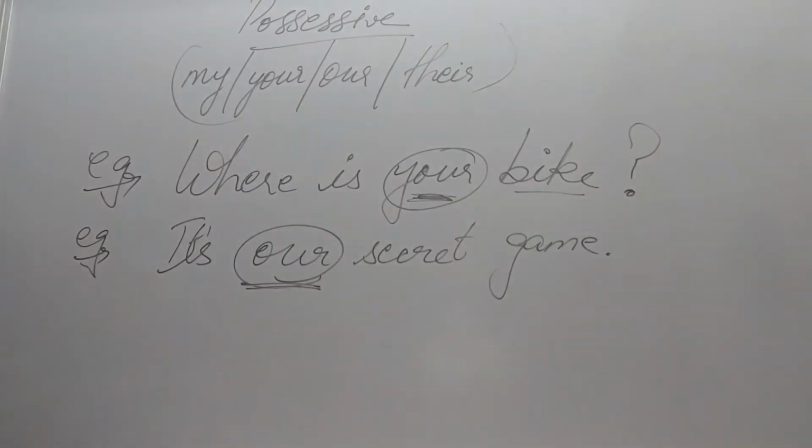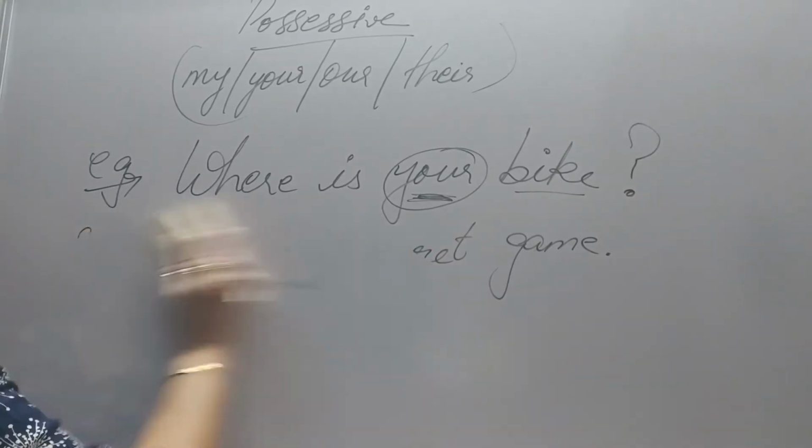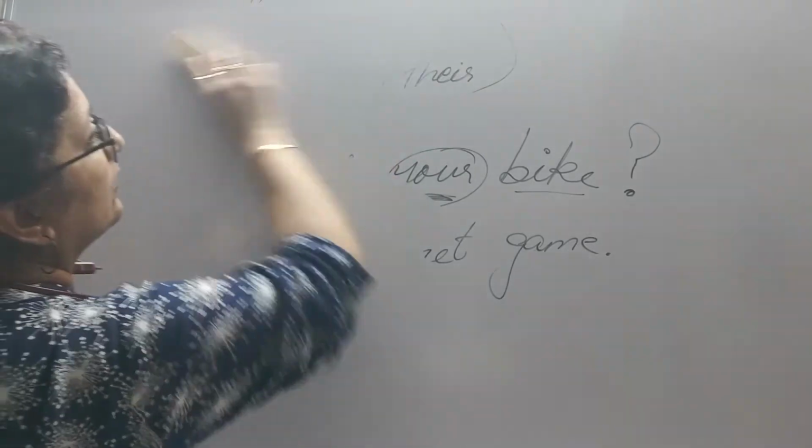So what do possessive pronouns do? They at times are used as determiners, and they are words that are used to show the ownership of the noun, whose it belongs to. Okay, let's go to our next one.